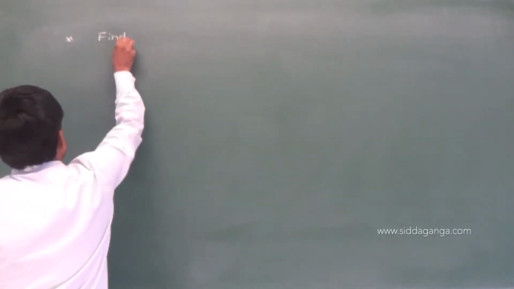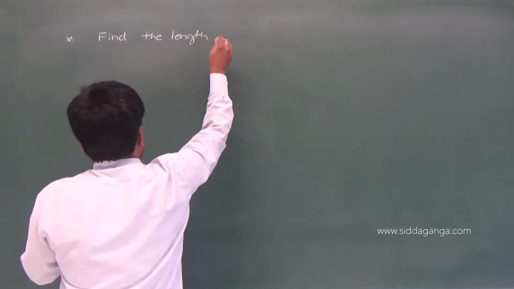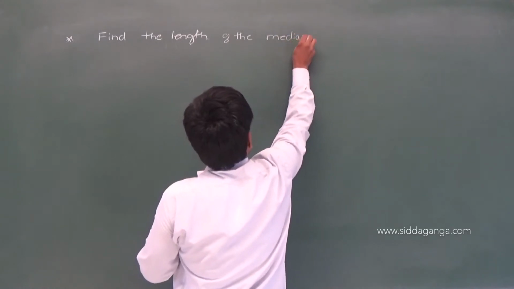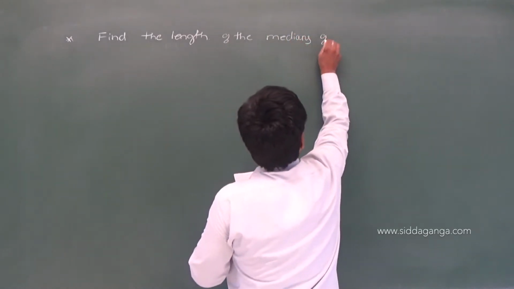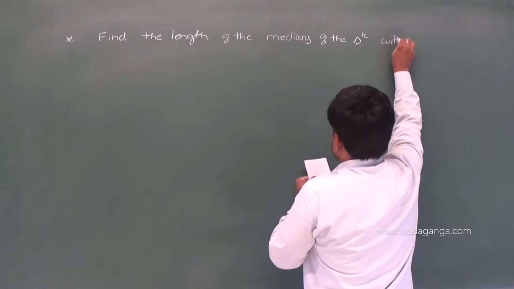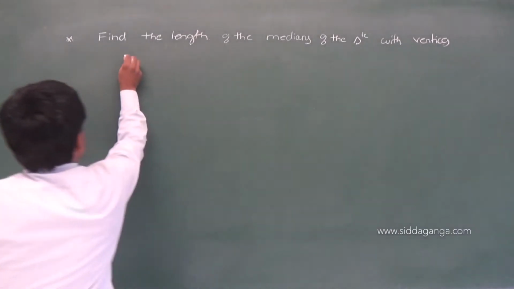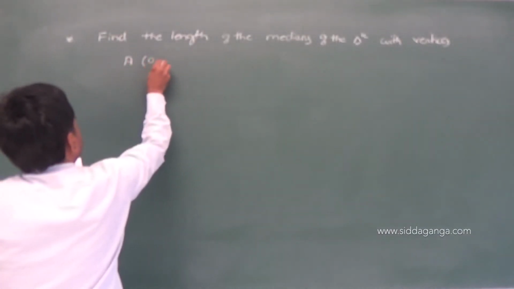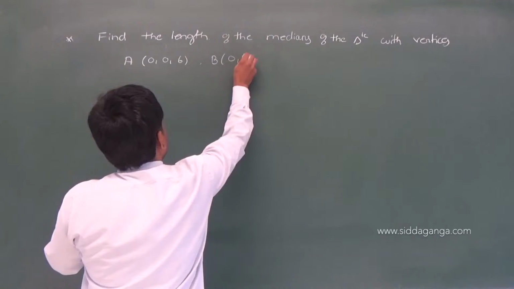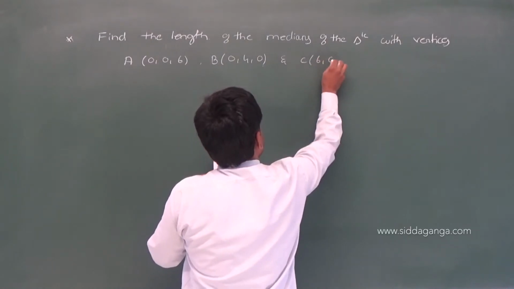Find the length of the median of the triangle with vertices A (0, 0, 6), B (0, 4, 0) and C (6, 0, 0).